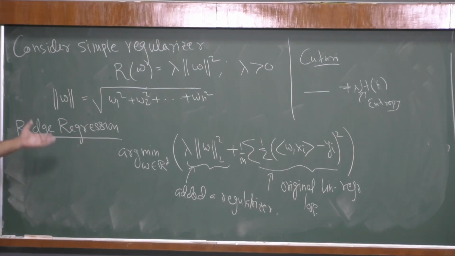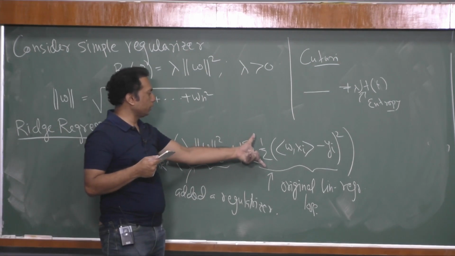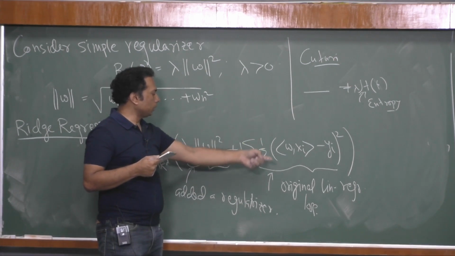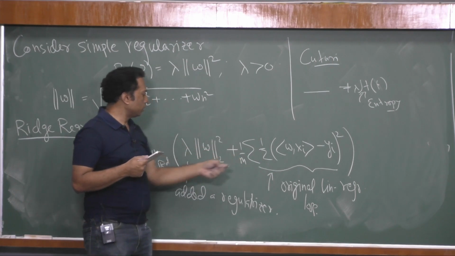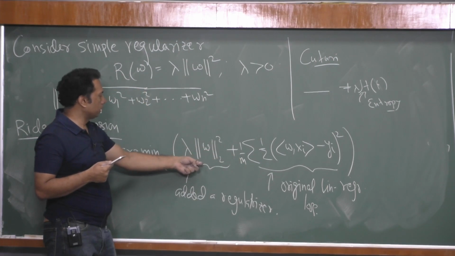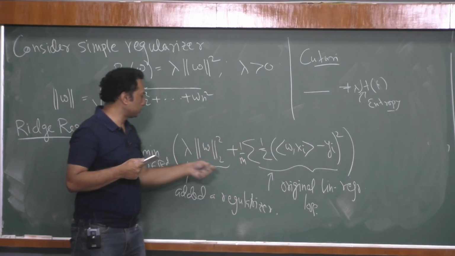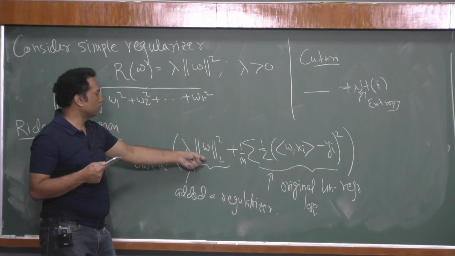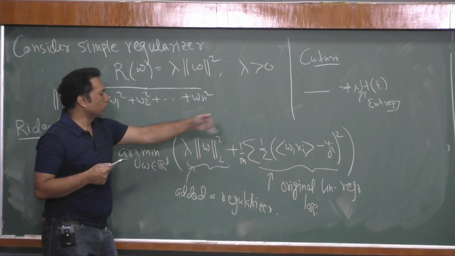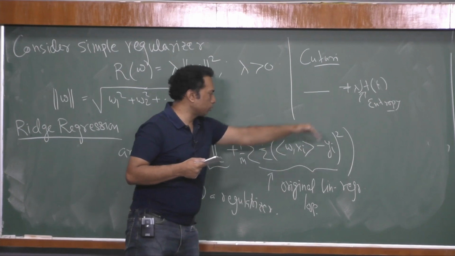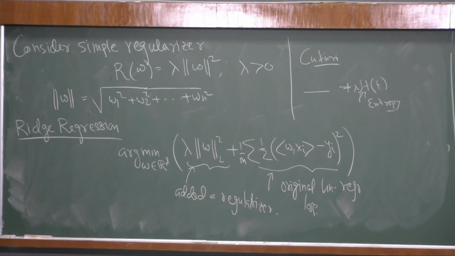So for a minimizer of this, we will take the gradient and equate to 0, right? And earlier we have seen if we take the gradient and equate to 0, then it becomes Ax equals b form. Now if I take a derivative of this, then it will be lambda I w. So basically it will be A plus lambda I, whole thing multiplied with w, equals the b terms, that this yi and all this will go on the right hand side, and that will give us a b.